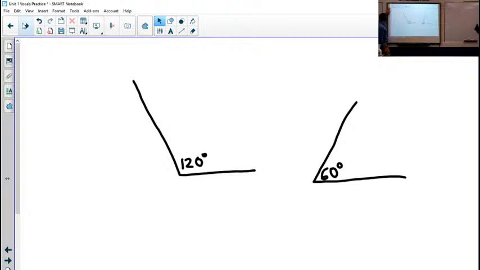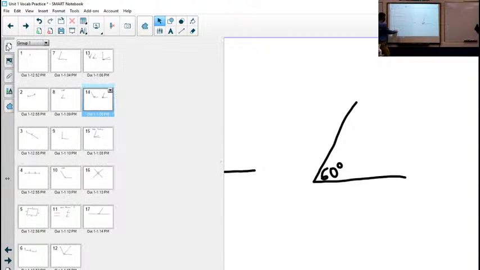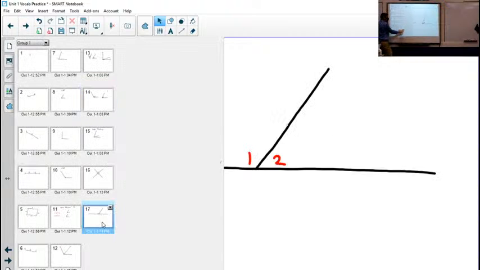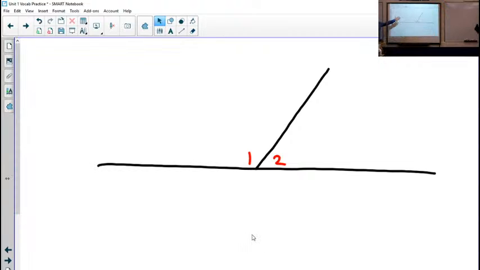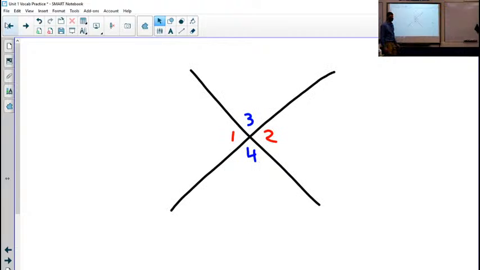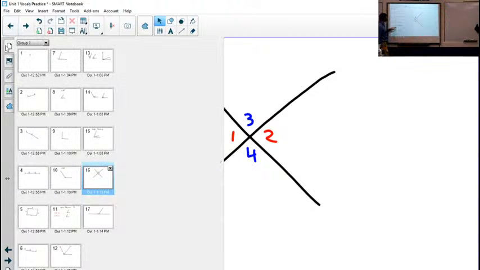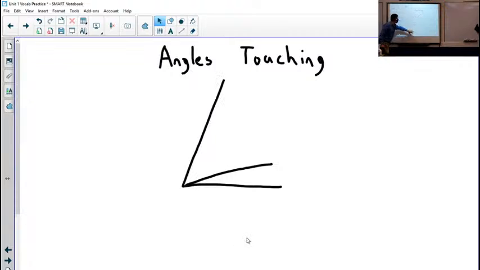Jumping ahead, 180 degrees is a straight line, so these two that make a straight line, a linear pair, are supplementary. Vertical angles were congruent. Adjacent angles are angles right next to each other. All right, any questions on any of those?